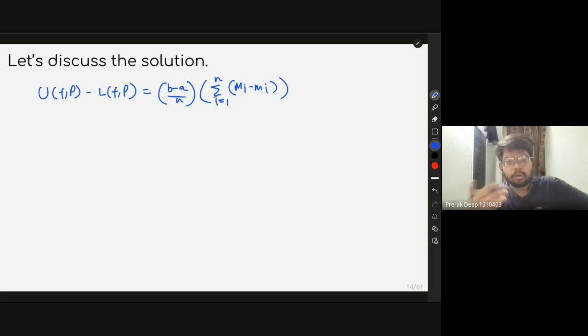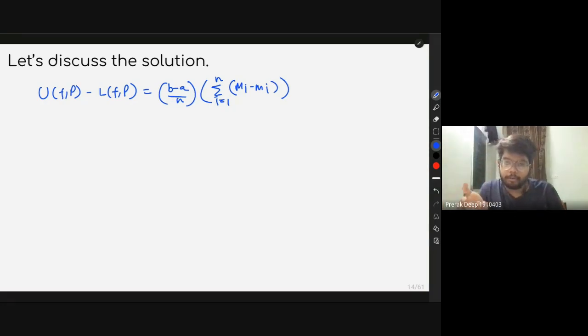This function is not given to be a continuous function. If it were given to be continuous, these maximum and minima could be achieved by some value of xi in that interval. But it is not given to be continuous.